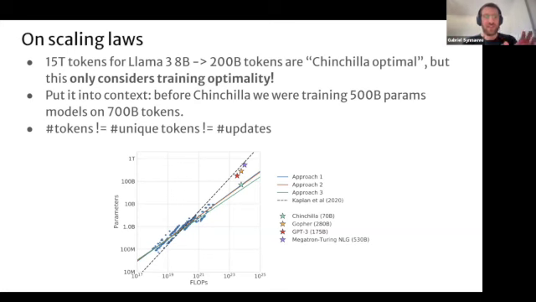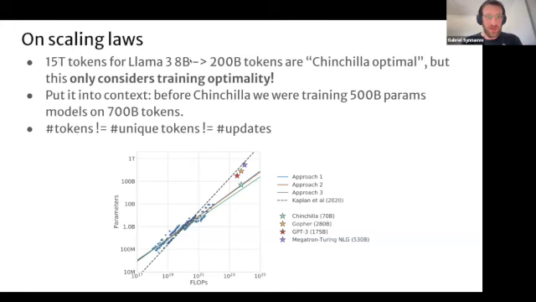But I think in the context we were in back then, Chinchilla was still a big deal. So I will explain my position. Now we are, for instance, training Llama 3 8B, so 8 billion parameters, with 15 tera tokens.